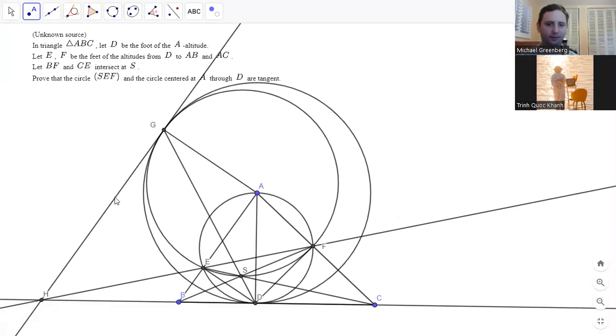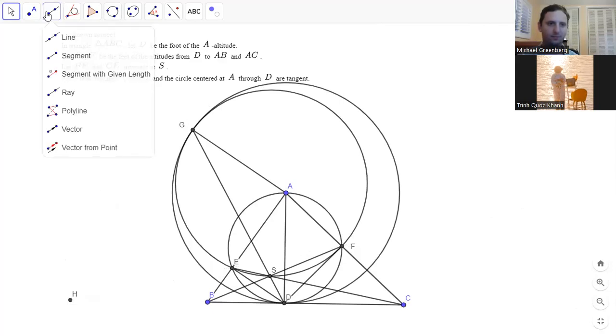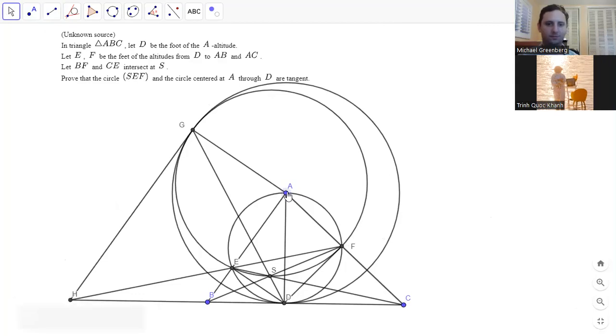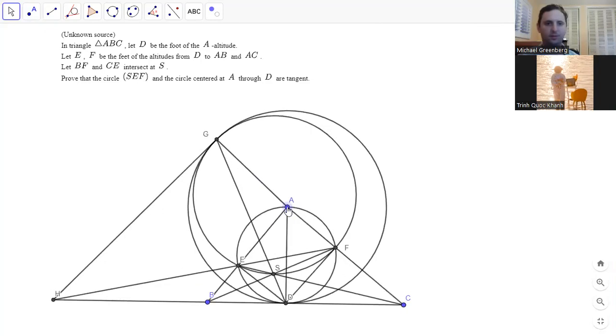Do we want to let EF... we want to define it this way and then show that it's tangent to one circle and then the other circle? Yeah, there's a lot of things we have to prove. First, let's see if we can prove that it's tangent to this circle.